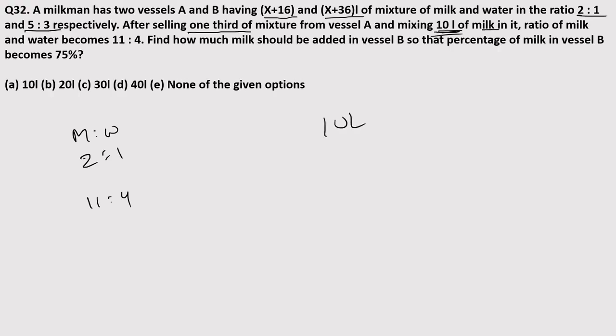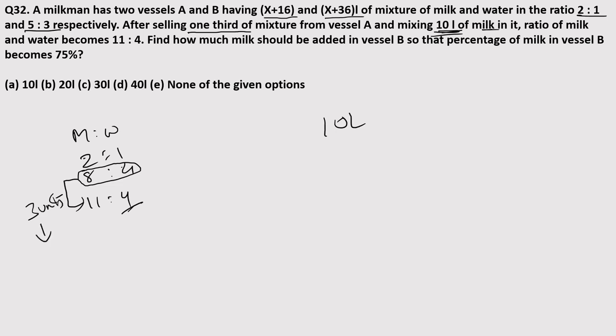I am adding 10 liters of milk, so let's make the water part the same. Water is 4 here, so make it 4. So this is 8, right? So this is the new ratio. Milk is changing from 8 to 11, so basically 3 units, right?